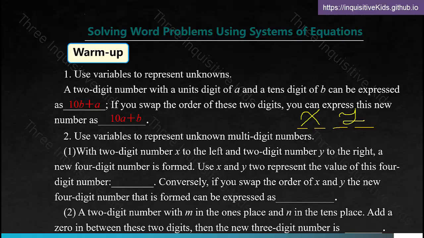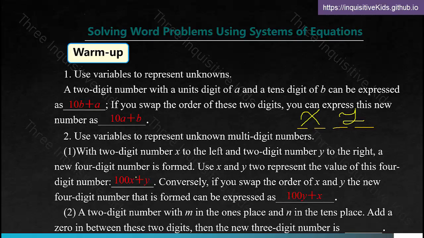Right, and if we're going to use the values of x and y to represent this 4-digit number, you shouldn't say 10x plus y anymore, because y already takes up both the units digit and the tens digit. So you would have 100x plus y. This is something that's very important. It's not 10x plus y, it's instead 100x plus y, because be mindful of how y is actually a 2-digit number. It takes up 2 place values. So conversely, swap the order, you have 10y plus x.